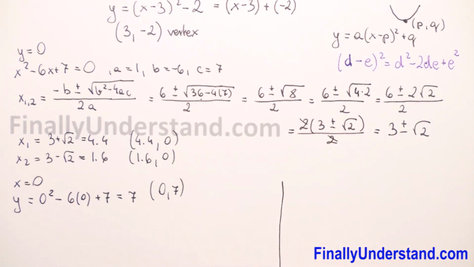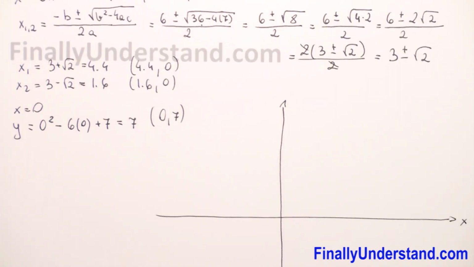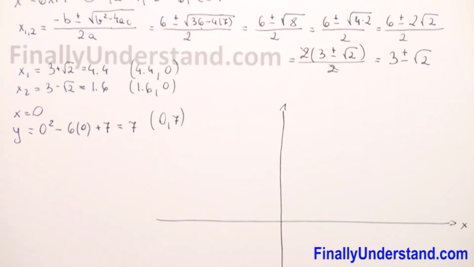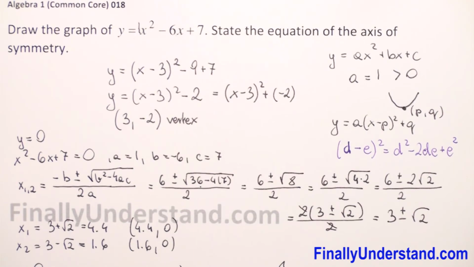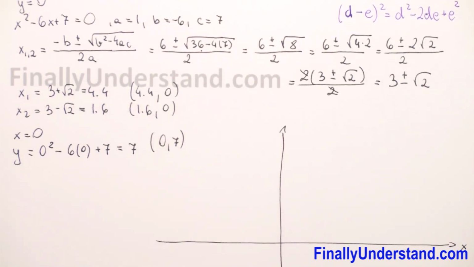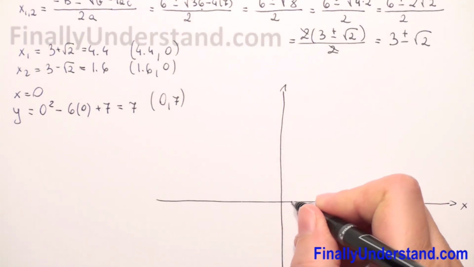We have the y-axis and the x-axis. So first, let's write the vertex. The vertex is 3 and -2. So let's find the unit.